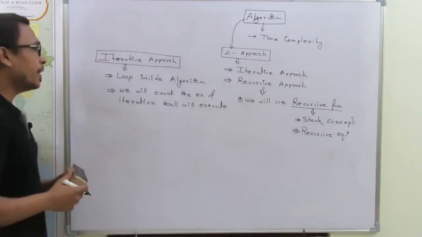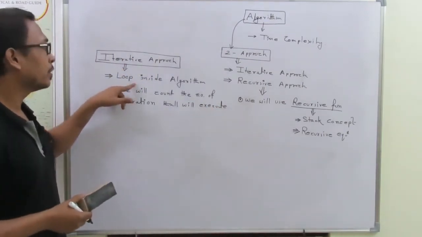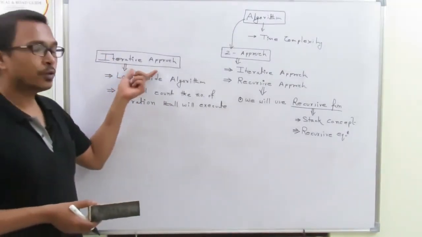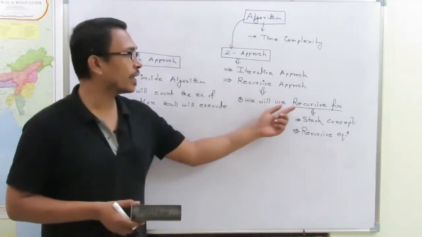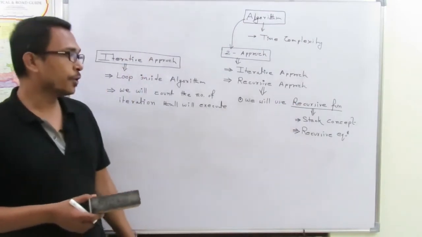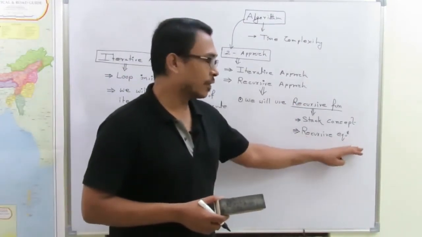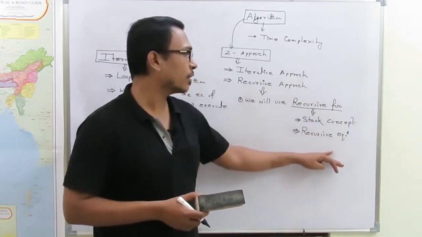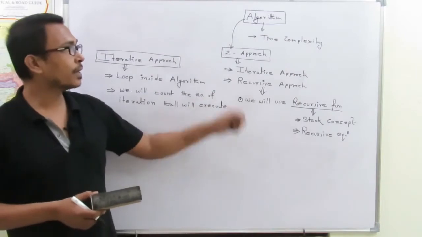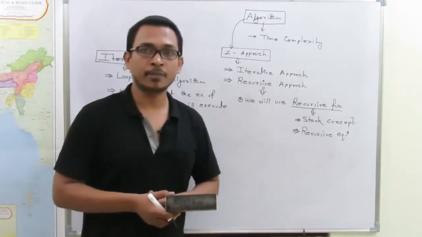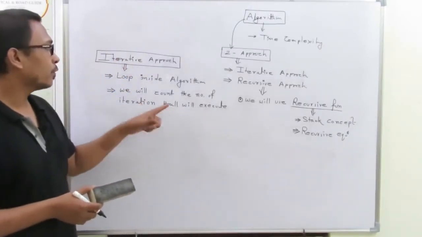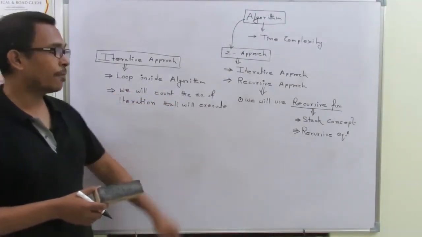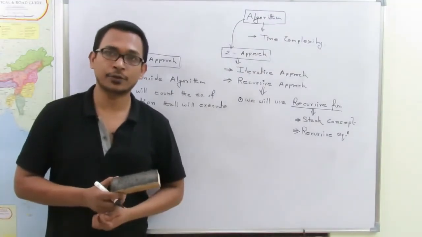That means how many times the loop will execute, that number we have to find in case of the iterative approach of an algorithm. And in case of the recursive approach, we need to find the recursive equation, and based on this recursive equation we can find the time complexity for that algorithm. But in case of the iterative approach, we will count the number of iterations that the algorithm will execute.